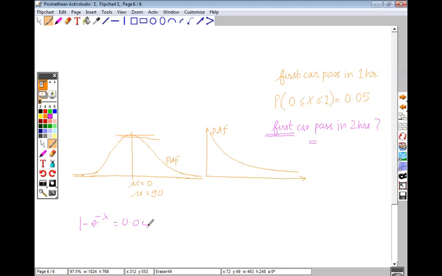Just give me a minute. So yeah, you said that within 1 hour it's this. Yeah, it makes sense. So what will happen now? So if we find the lambda, it is coming as 2.996.